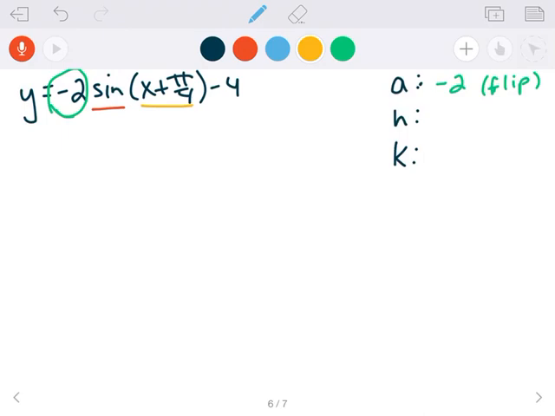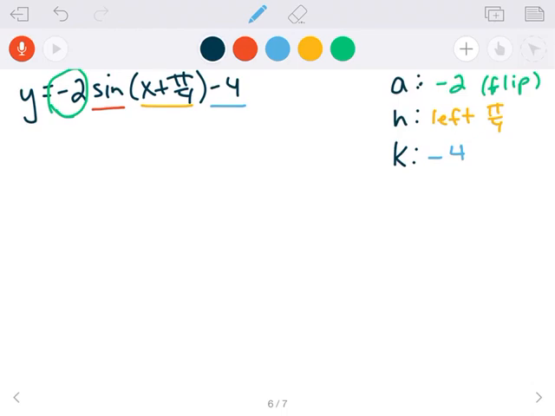If we're adding, it means we're actually going the opposite direction, so we're going left pi over 4. And our k value we see here is -4. That means the whole graph is shifting down 4, which means -4 is our new midline. And again, this is a sine graph.